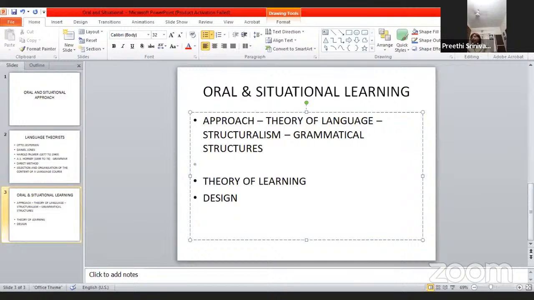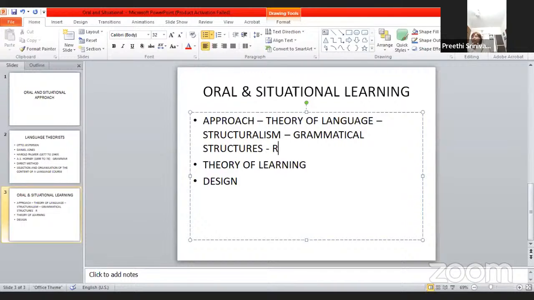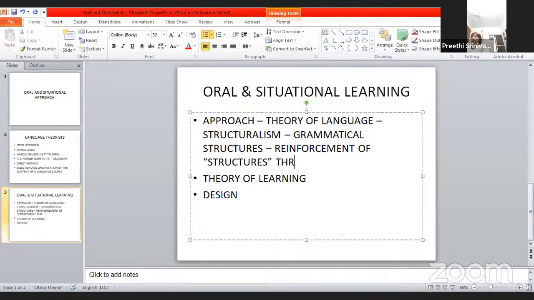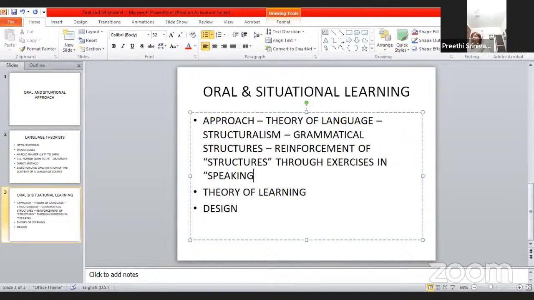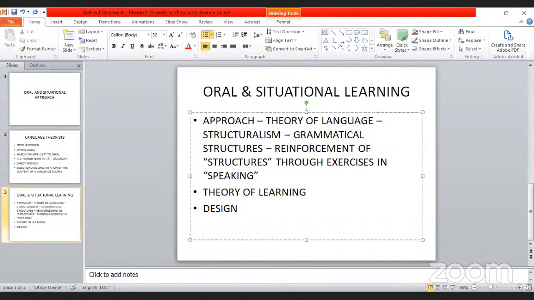So there is a reinforcement of structures through speaking exercises. Did you get that? Yes, ma'am.